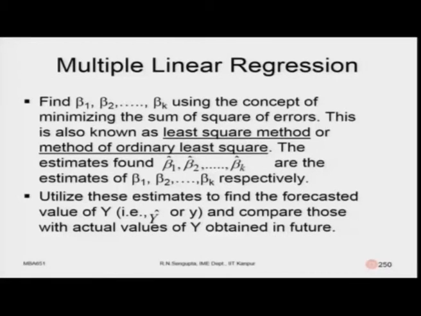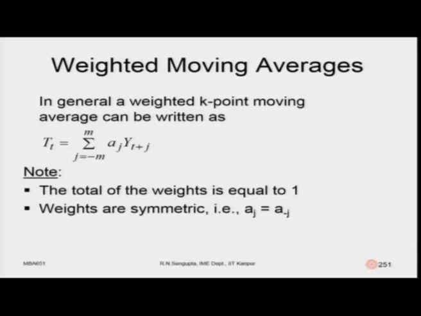We will utilize this estimate to find out the forecasted value of y, which is basically y hat or small y, whichever notation you are using, and compare those with the actual values of y obtained, and then basically say something about the error. Now, I will come to the problems later on.